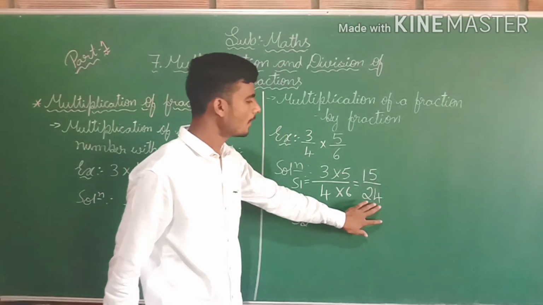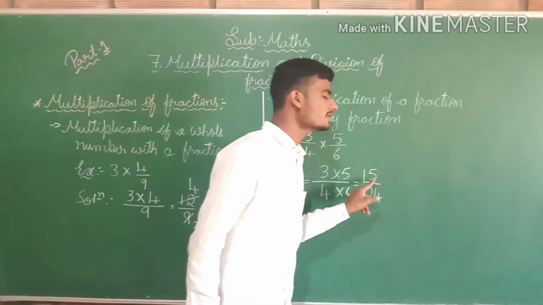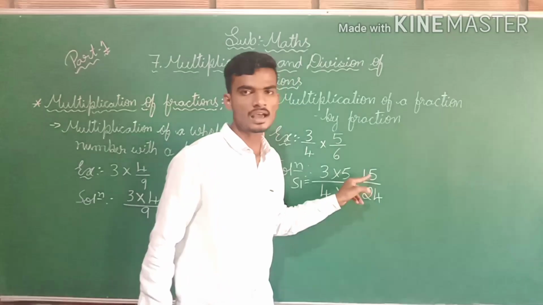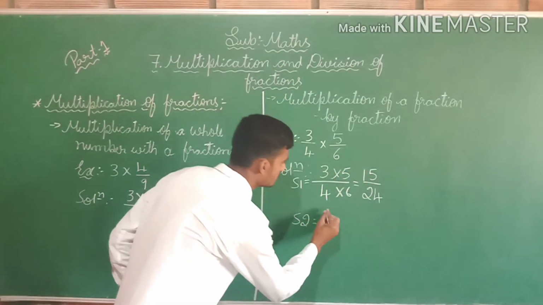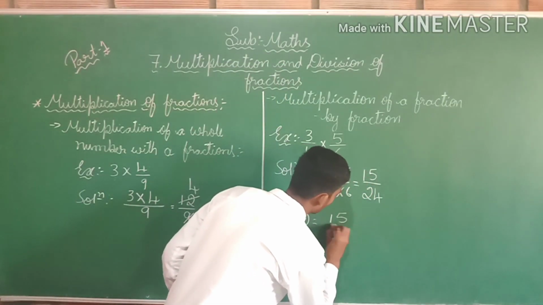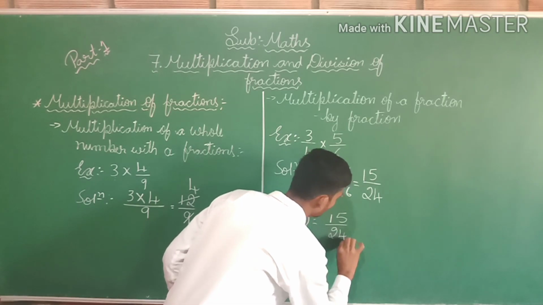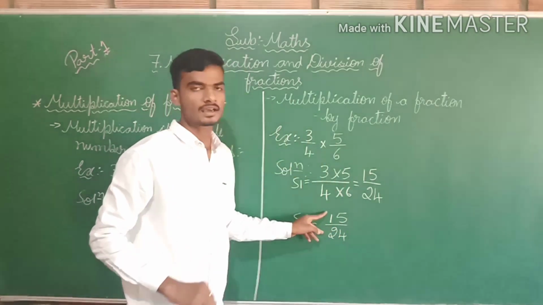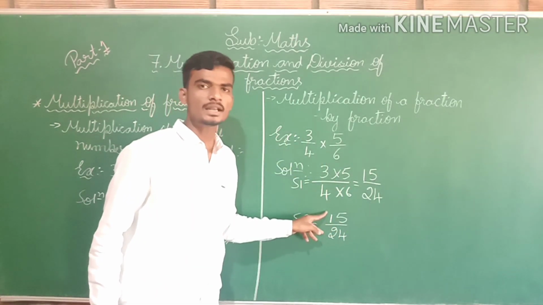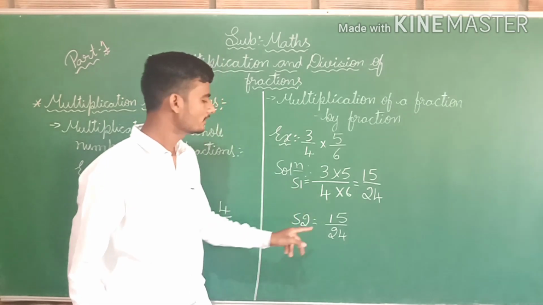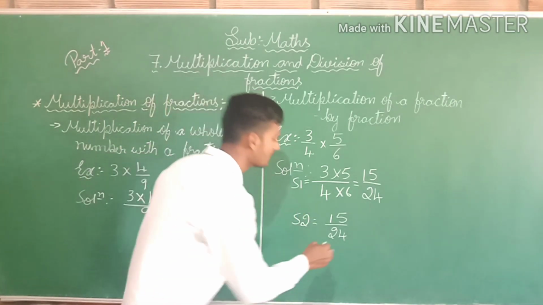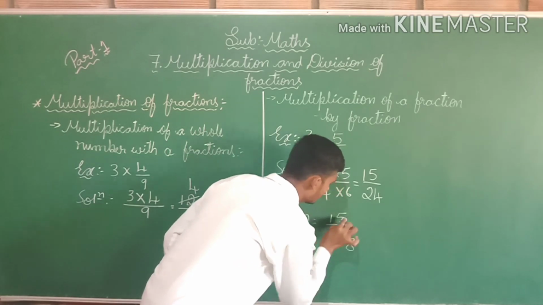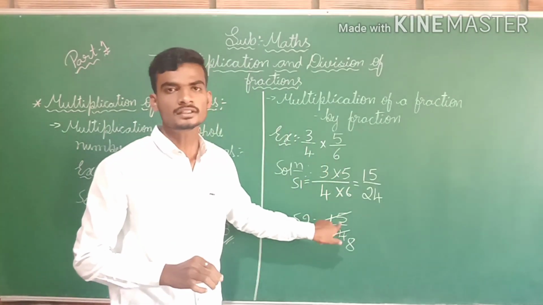Now this is possible here. In which table do both these numbers appear? See here, 15 by 24. These two numbers appear in the table of 3. 3 eights are how much? 3 eights are 24. Then 3 times how much is 15? 3 fives are 15.